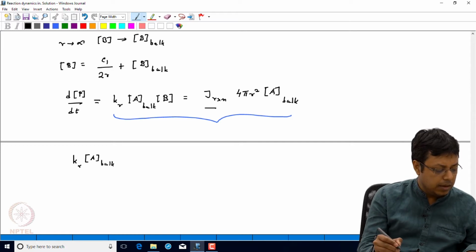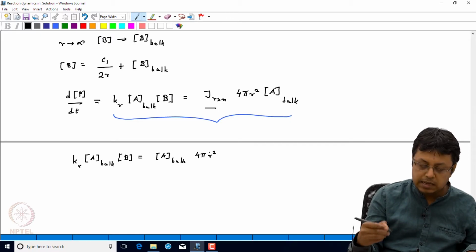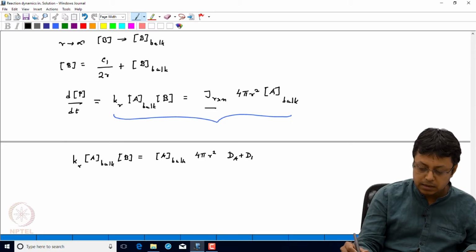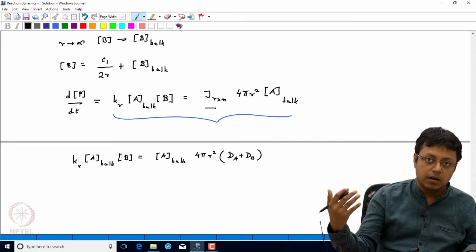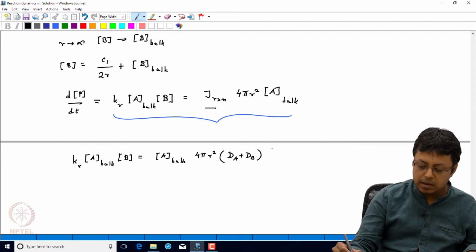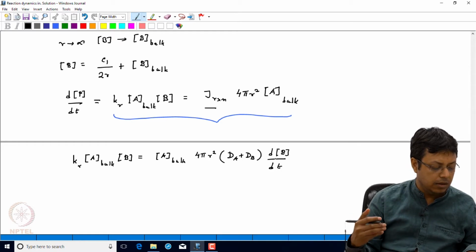A bulk times B is equal to A bulk times 4 pi r square, and instead of flux we are now using the overall flux. The reactive flux is exactly equivalent to the overall flux, and then I have the time derivative of B, which we just solved. This is coming from Fick's second law of diffusion.